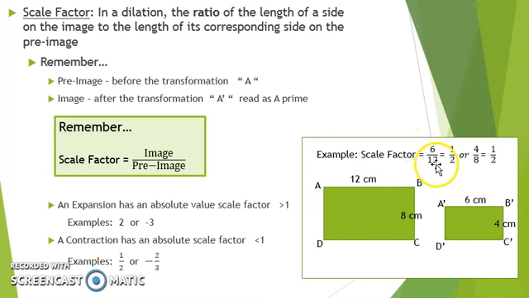So 6:12, which reduces to 1/2, or we could take the width B prime C prime, and put that over the corresponding side of the preimage BC, so 4/8 equals 1/2.